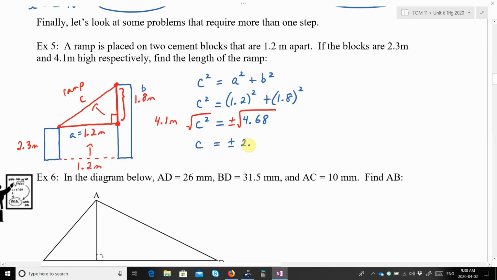So plus or minus 2.2. And we would say, therefore, c is equal to, let's just take the positive because it's the length of the ramp, 2.2 meters. Okay, because our other dimensions are in meters.